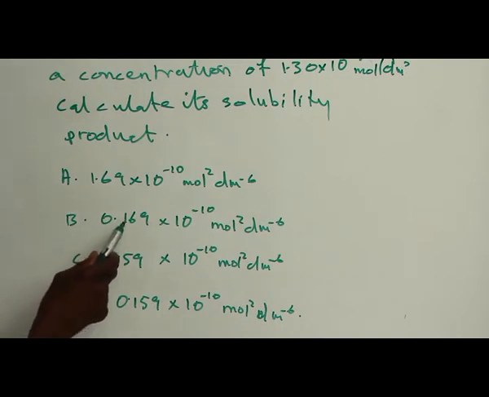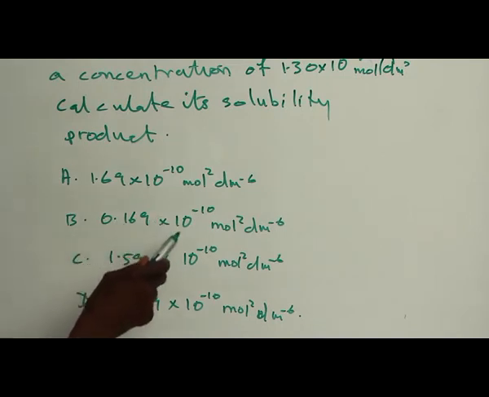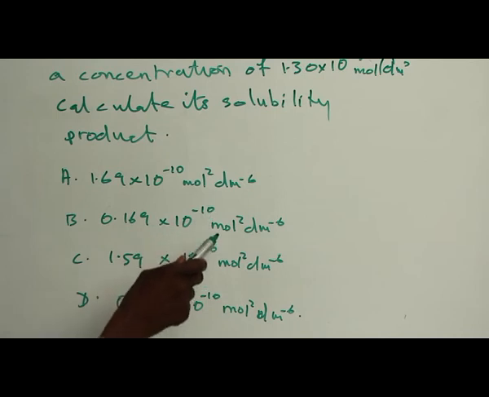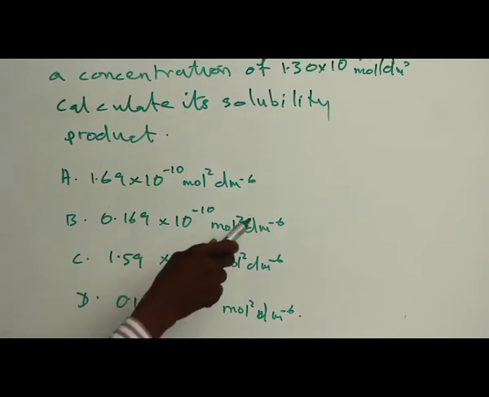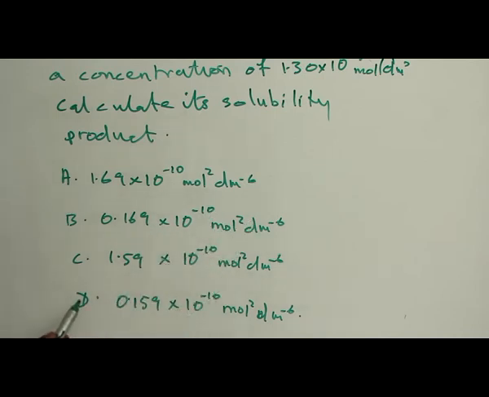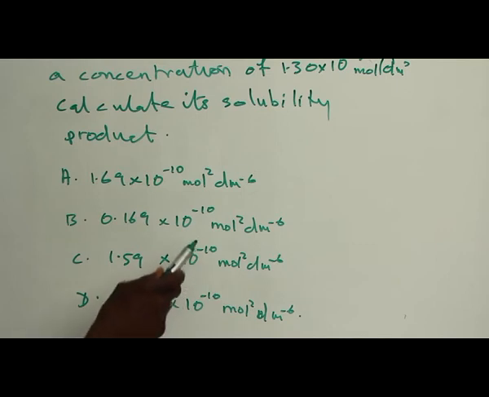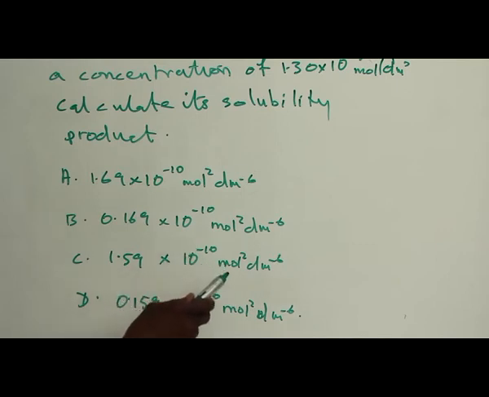B, 0.169 times 10 to the power minus 10 mole squared dm cube to the power minus 6. C, 1.59 times 10 to the power minus 10 mole squared dm cube to the power minus 6. D, 0.159 times 10 to the power minus 10 mole squared dm cube raised to the power minus 6.